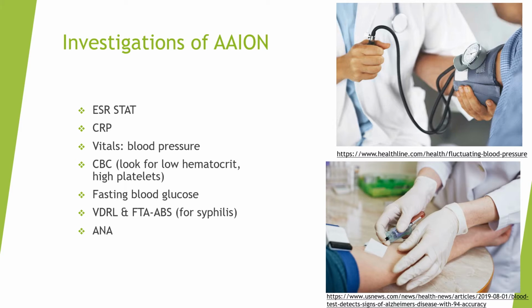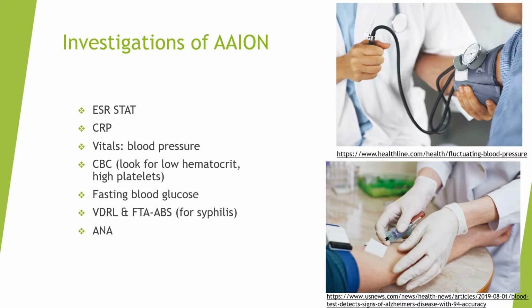If you're suspicious that the patient has AAION, ESR and the CRP are crucial. We should investigate those two markers as soon as possible. In terms of vitals, we can take blood pressure. That's especially important.